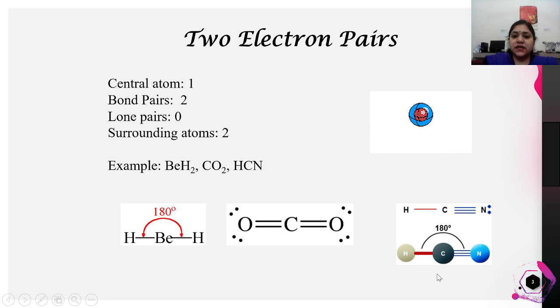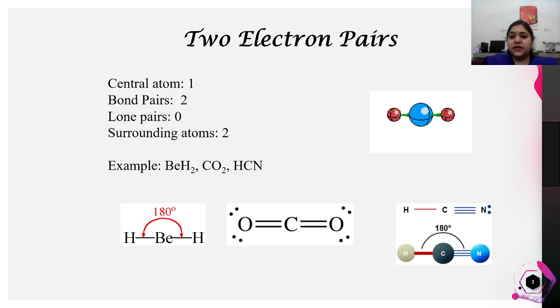Here some examples are given. Examples of linear molecules are BeH2, CO2, HCN. In the first example you can see that Be has 2 electrons in its outermost shell, and these 2 electrons form covalent bonds with 2 hydrogens, and 180 degrees is the maximum distance that can be maintained by these bonds, because according to VSEPR theory it is repulsion which gives the shape to the molecule.